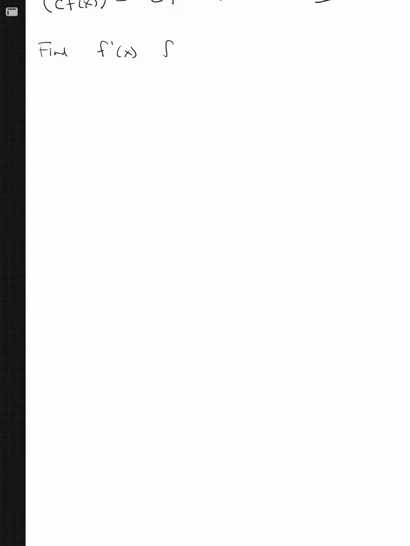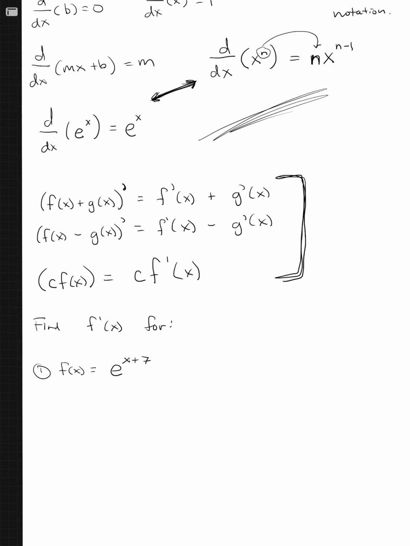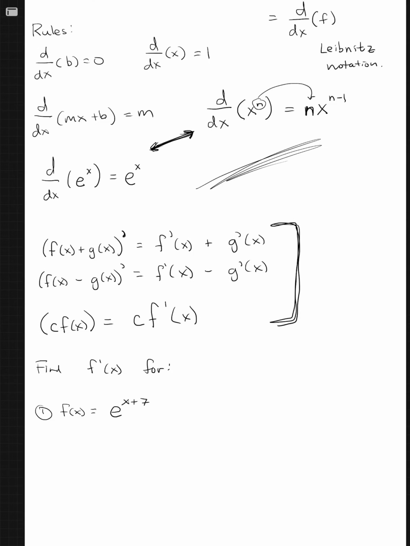Find f prime of x for, let's see, number 1, we're going to have f of x equal, let's say, e to the x plus 7. Right, and that looks a little weird because it's not actually one of the ones we have on our rules, right?